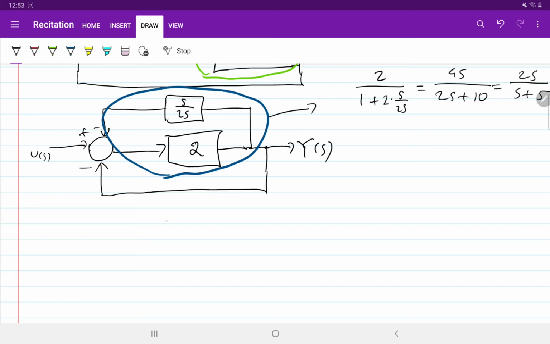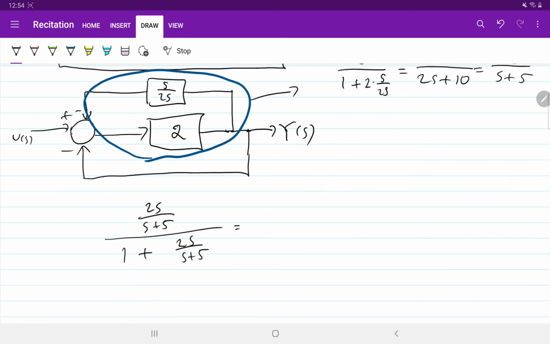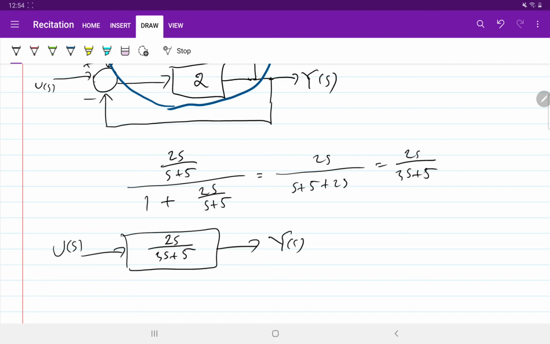So you have 2s over s plus 5, and then 1 plus 2s over s plus 5. Okay, you can multiply with s plus 5 to get 2s over s plus 5 plus 2s, so 2s over 3s plus 5. Okay, so the final block diagram is the following: U of s, Y of s, and the final block is 2s over 3s plus 5.